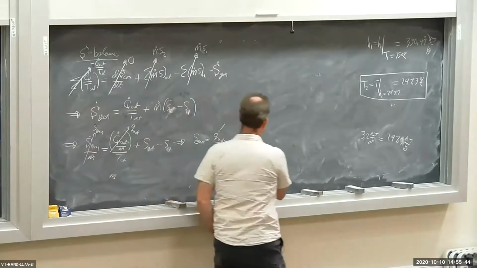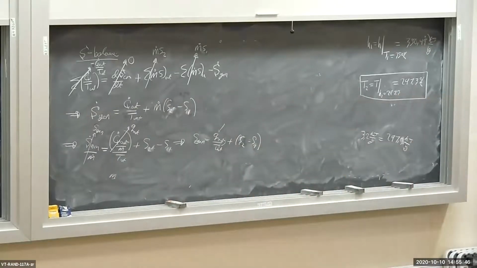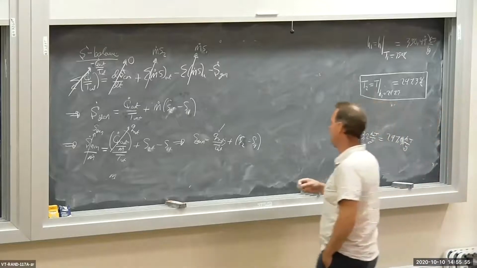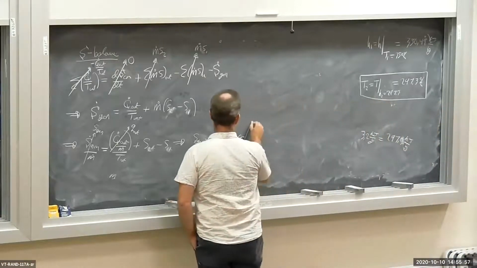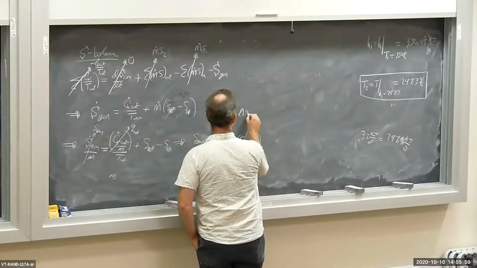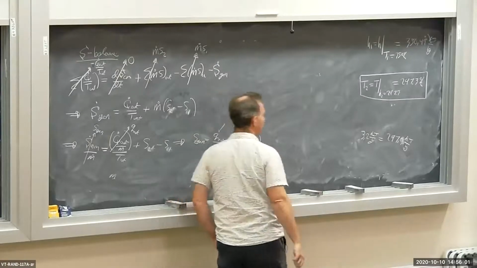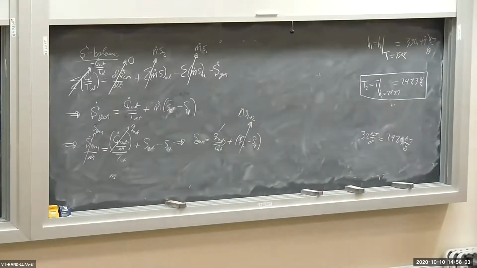I need to get the entropy change from the inlet to the outlet. I need this delta S from 1 to 2. That's what I need.